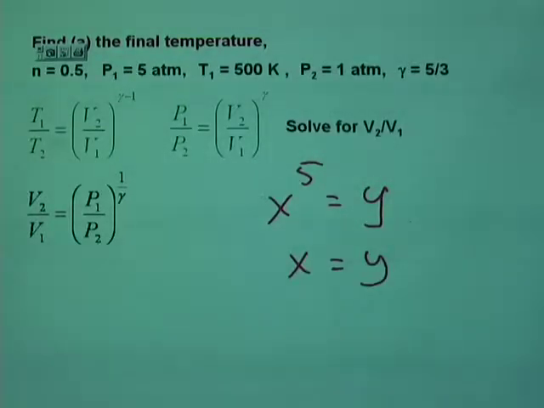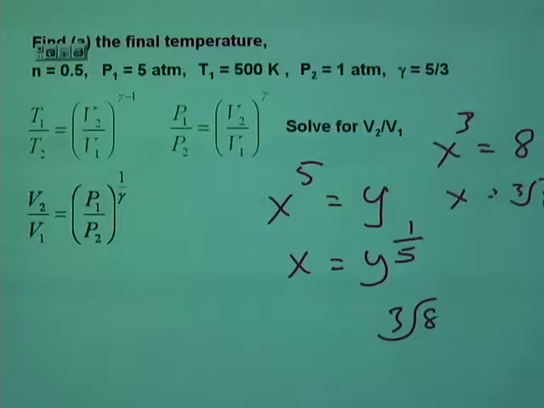X equal to y to the power of 1 over 5. You see, if x cube equal to 8, then x equal to cube root of 8. Now, what is cube root of 8? Is 8 to the power of 1/3. So, that idea is what we have used here.